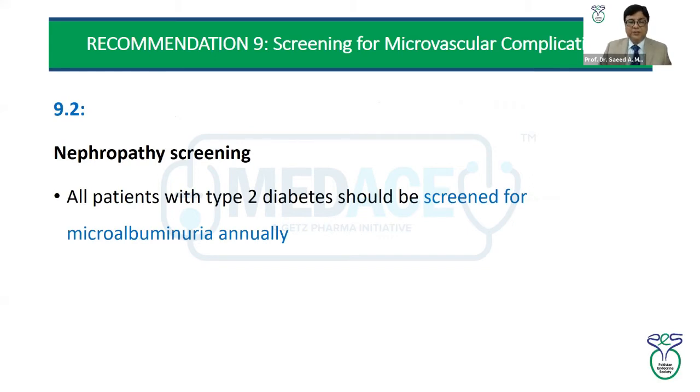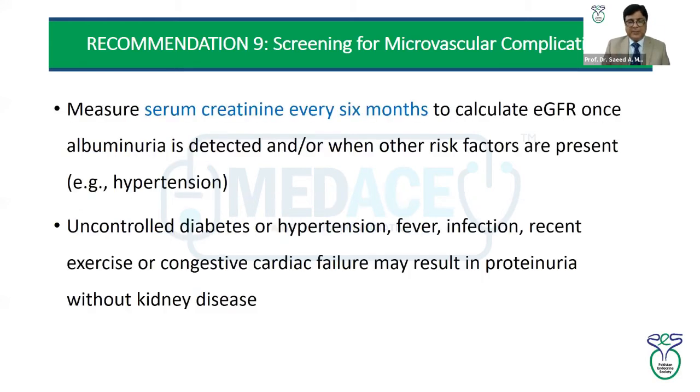Then another important thing we always look for is nephropathy, that's the involvement of the kidney. All patients with type 2 diabetes should be screened annually for urine microalbumin, or microalbuminuria. Serum creatinine should be measured every 6 months to calculate the eGFR, and some of the good labs will give you the calculated eGFR in their reports nowadays.